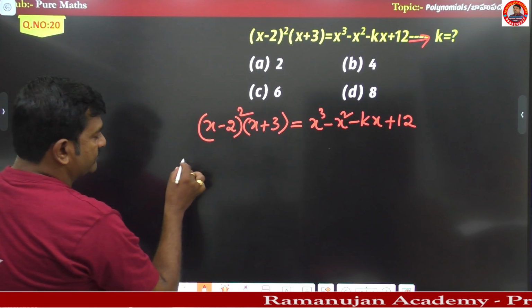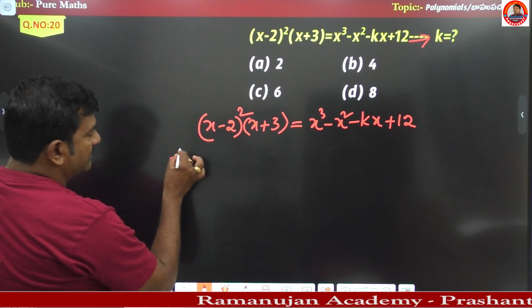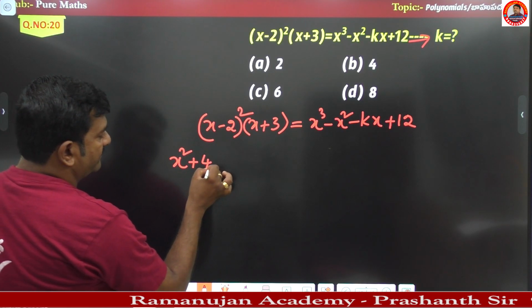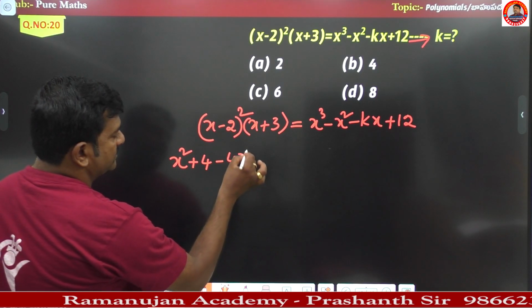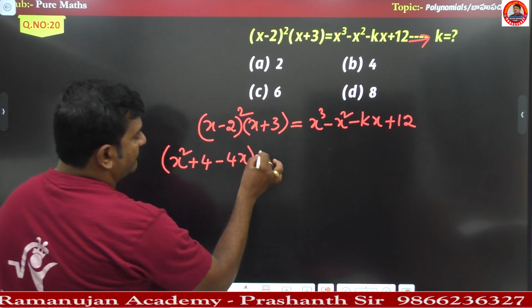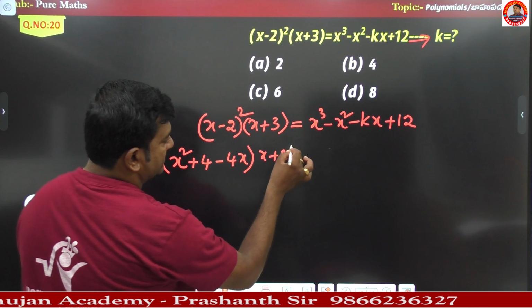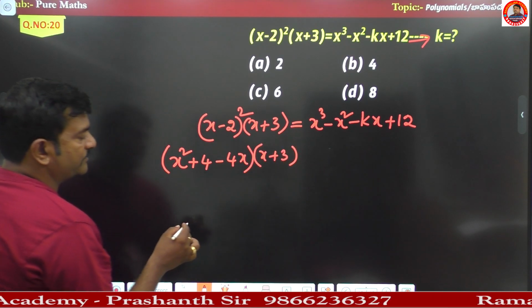This is a minus b whole square, no? a minus b whole square means a square plus b square minus 2ab, into x plus 3. The right side part will be as usual.